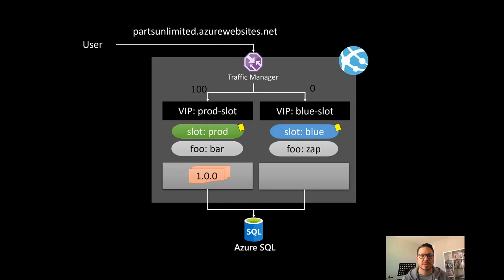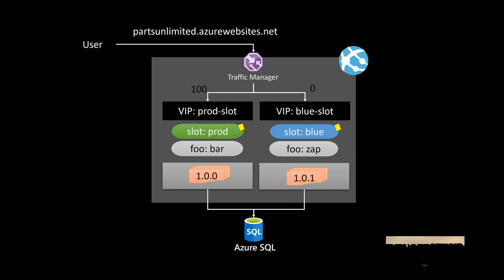You can see that Traffic Manager here is directing zero traffic to that blue slot, which means that when we're copying new files and new versions of our applications to that slot, even if the slot is down and unavailable or broken, it doesn't matter because no user traffic is being routed to that slot. This slot also has its own app settings.